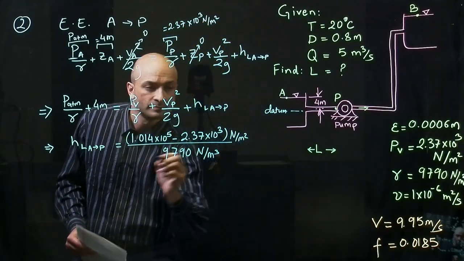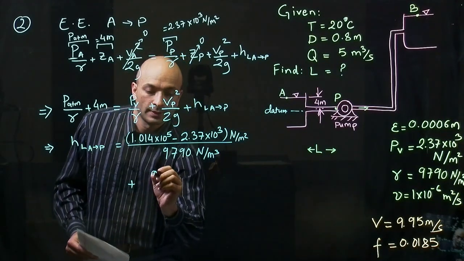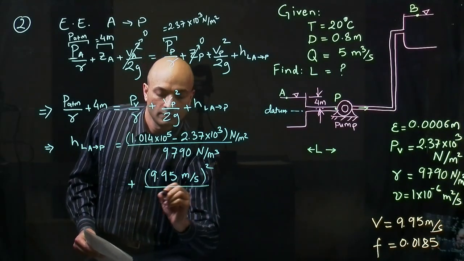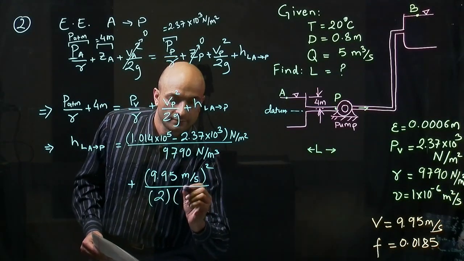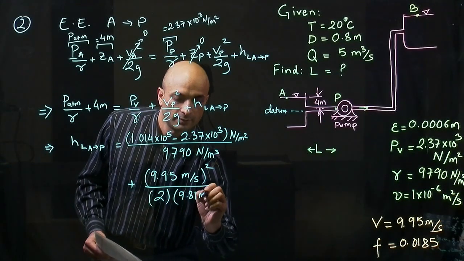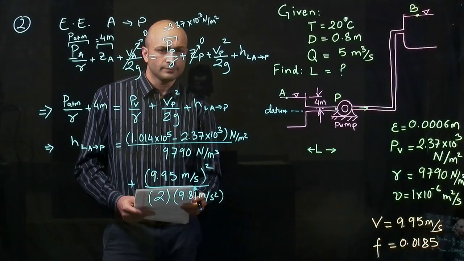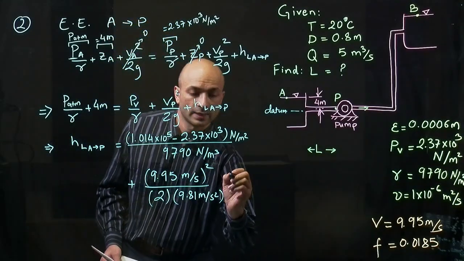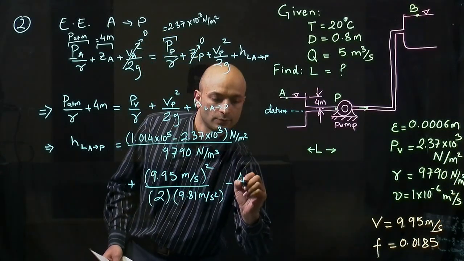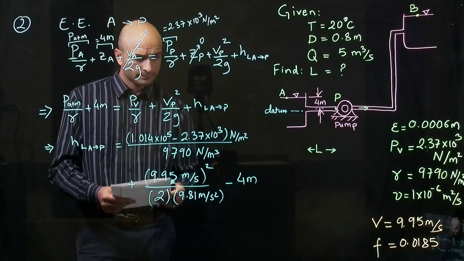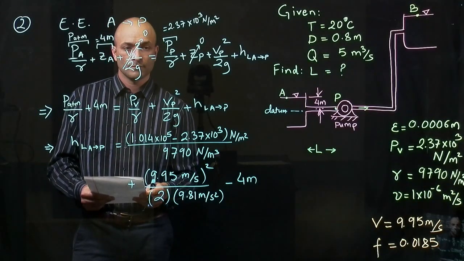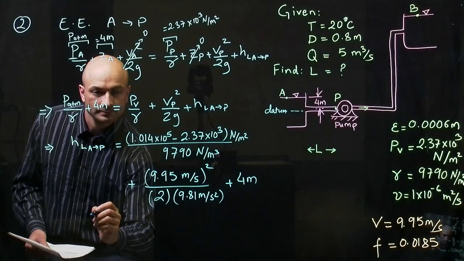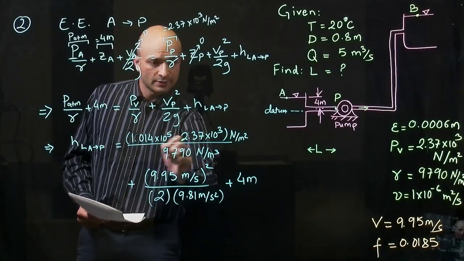Velocity head is 9.95 meter per second, that's the velocity, squared over 2 times gravity, 9.81 meter per second squared. And we need to subtract ZA, which is 4 meters. It stays positive.